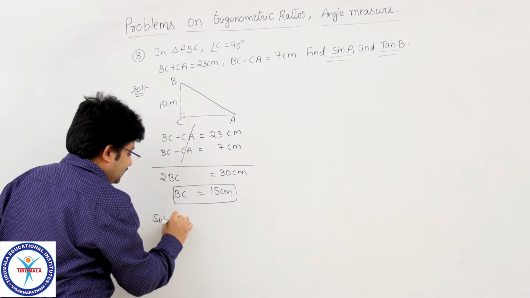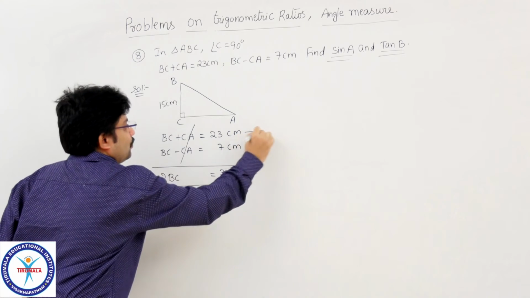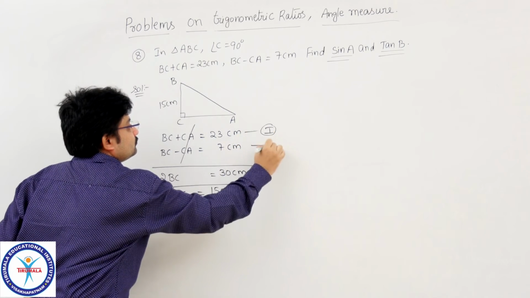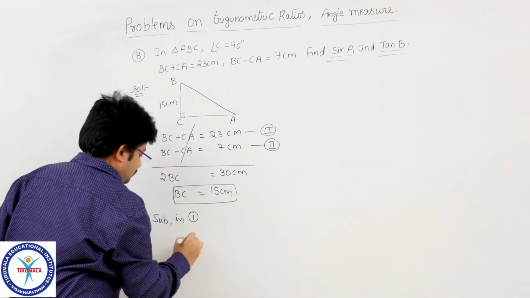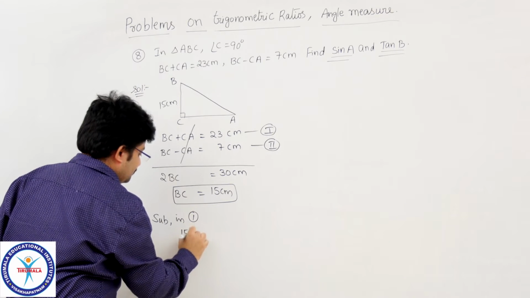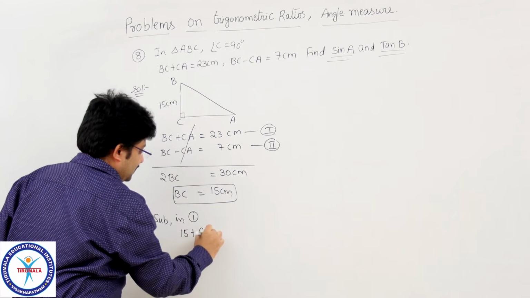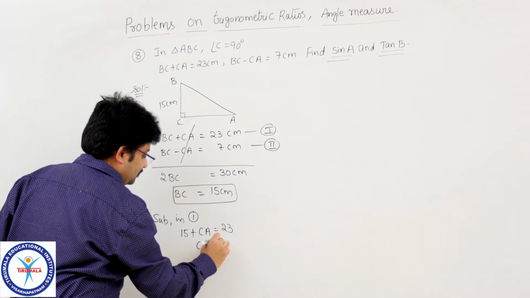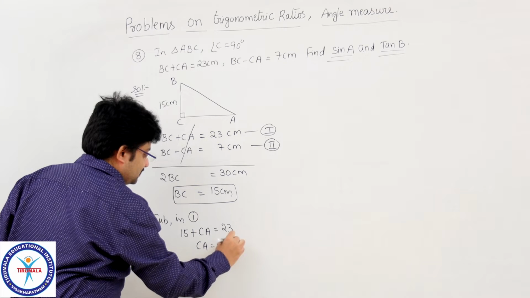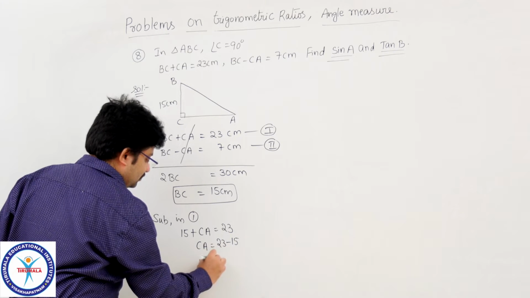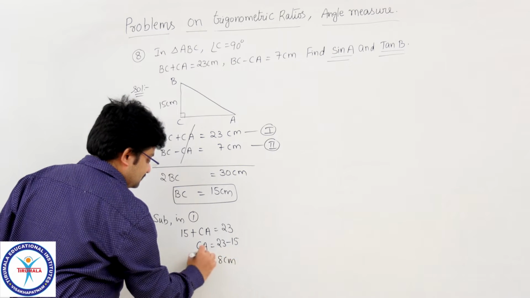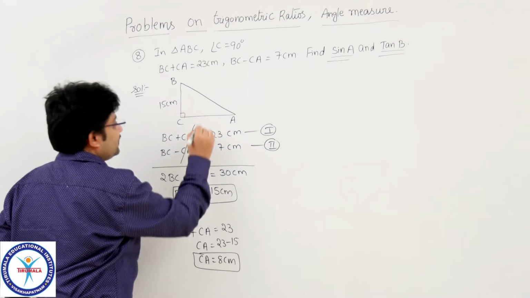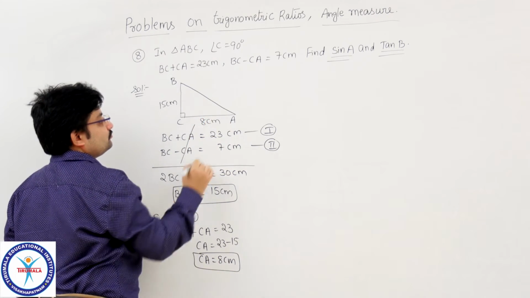Substitute in equation number 1. Therefore, 15 plus CA is equal to 23. CA is equal to 23 minus 15, CA is equal to 8 centimeters.